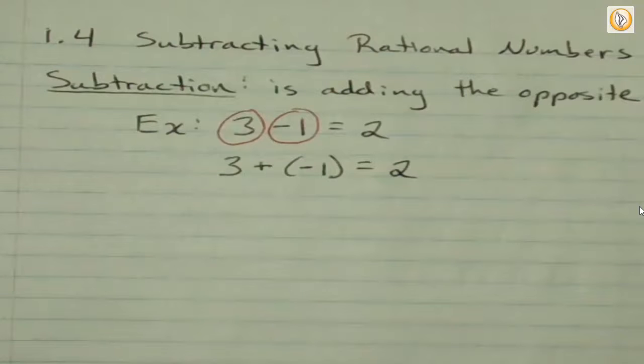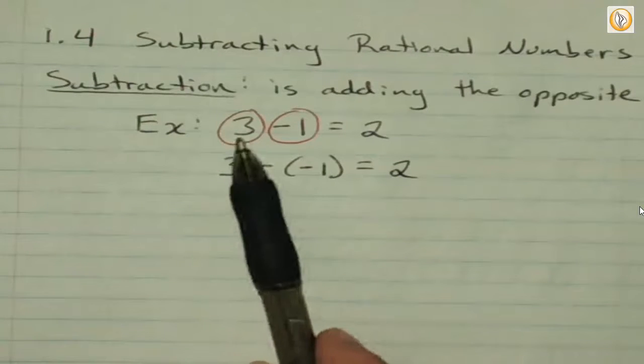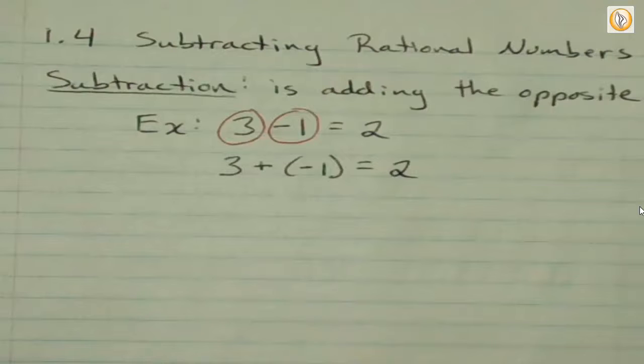Okay, so they need to get to a point where they realize that they're combining positives and negatives. Y'all understand that? Okay, here we go.